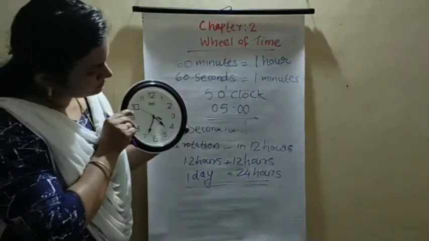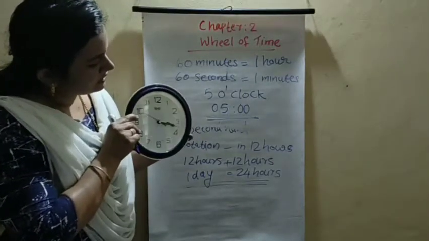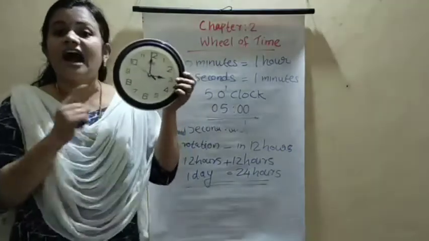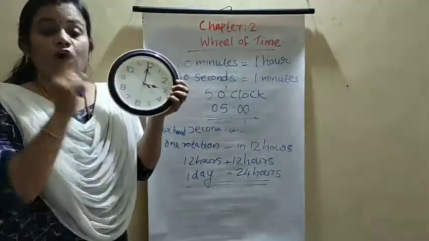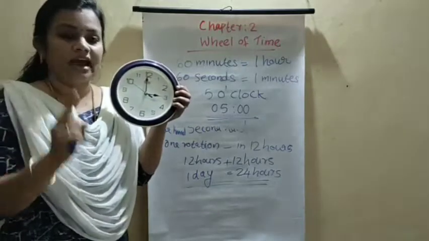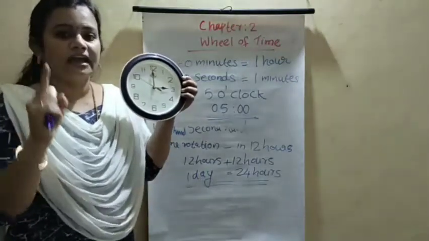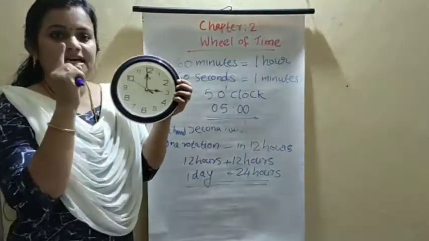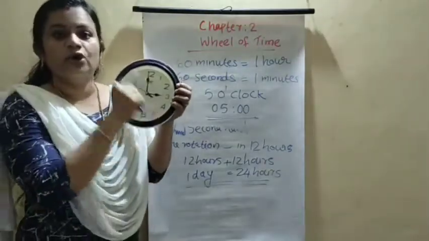Then what's the time next? First of all you check the hour hand. Always remember one thing when you write the time: first check the small hand, the hour hand, which number it is on.